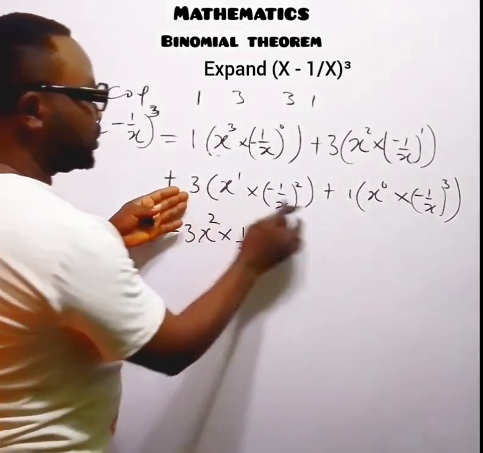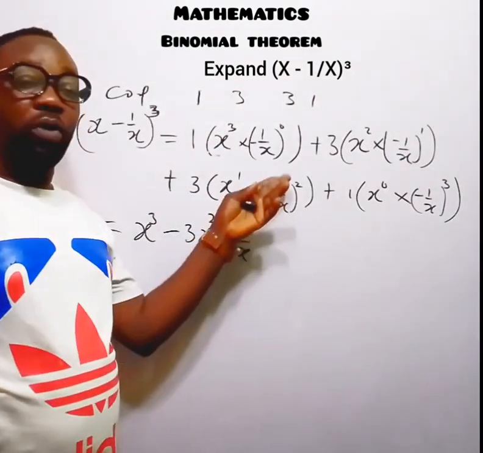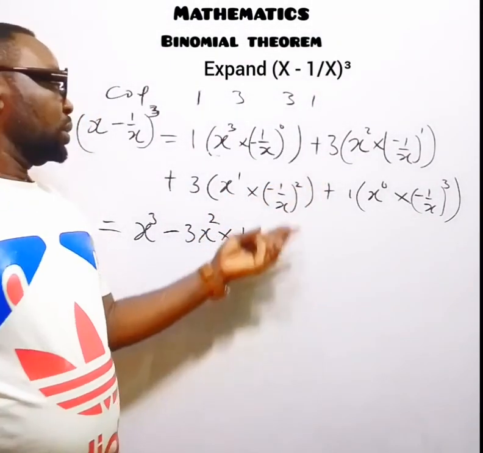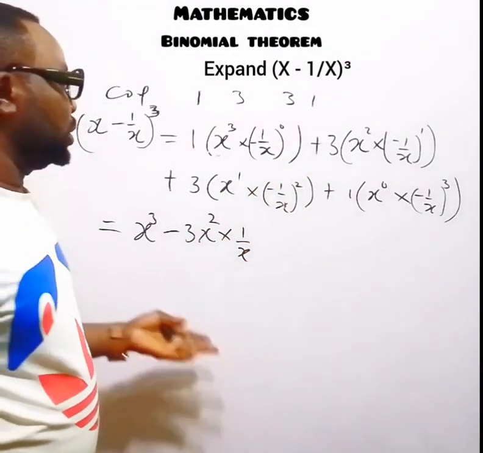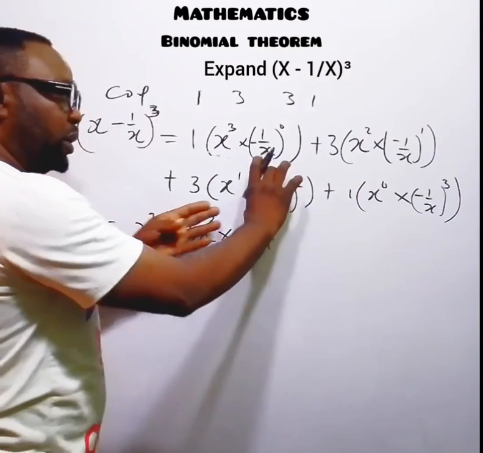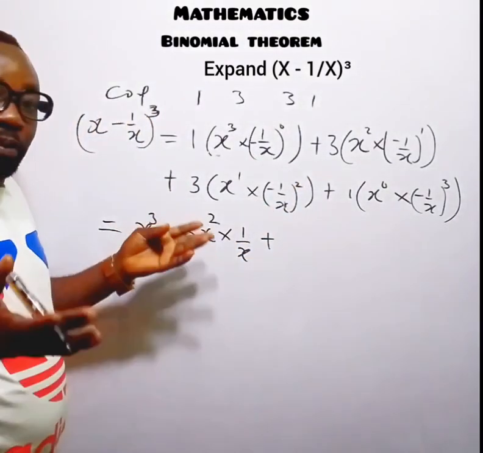Now, I move to this one. Taking a look at this, we know that the value that will multiply here, minus 1 raised to the power of 2, will be plus 1. x raised to the power of 2, x raised to the power of 2. So let's have it that way. That will be plus, because this value here has been resolved to become positive. So multiplying by this is still positive.